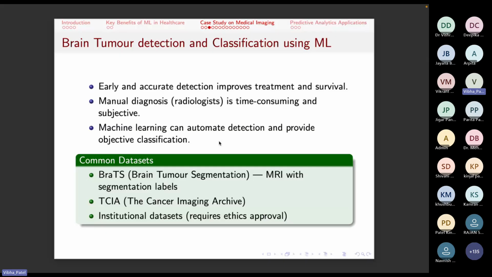And all those things. So there is a quantitative assessment of all these things available if you are using a learning based approach, whereas it could be subjective if a radiologist is doing it. They may just view it and say that yes, it is likely, or it is not likely.